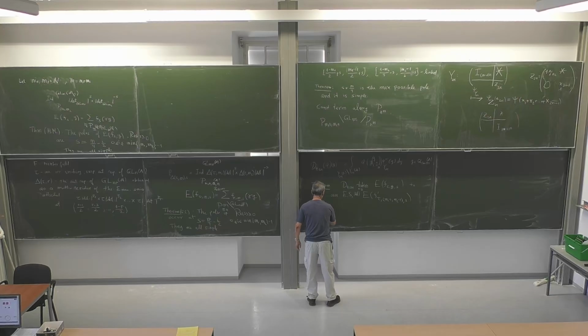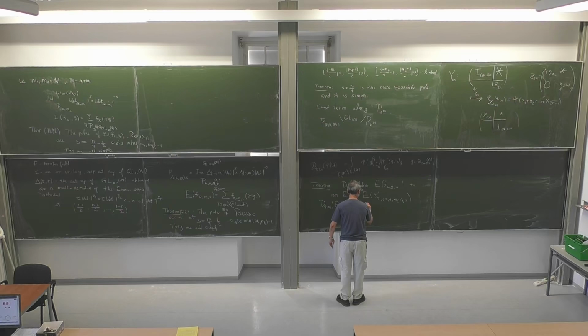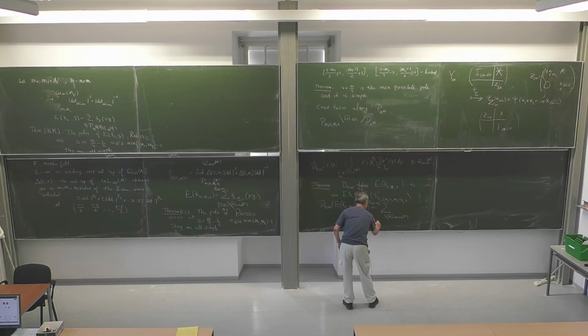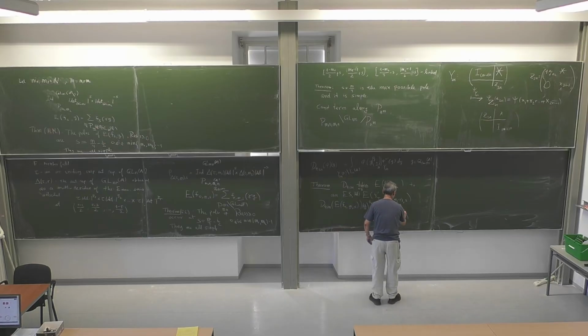So for real S sufficiently large, this is a sum over GL m minus 2n modulo the parabolic m1 minus 1, m2 minus 1, and there is a section which I'll denote by lambda of f tau s.